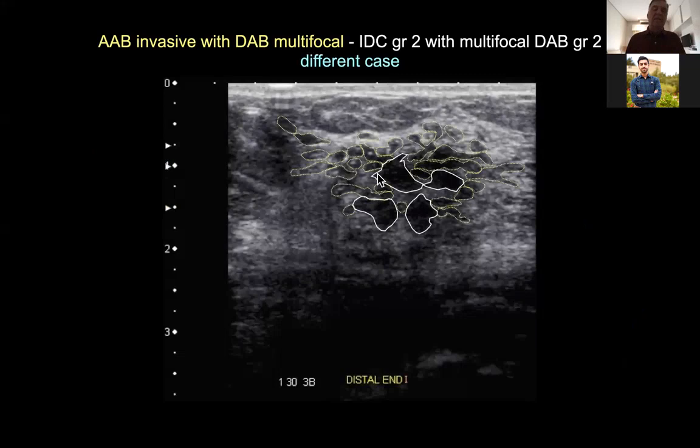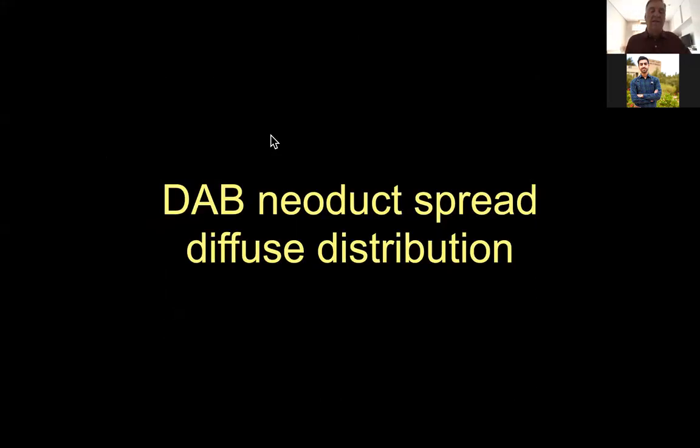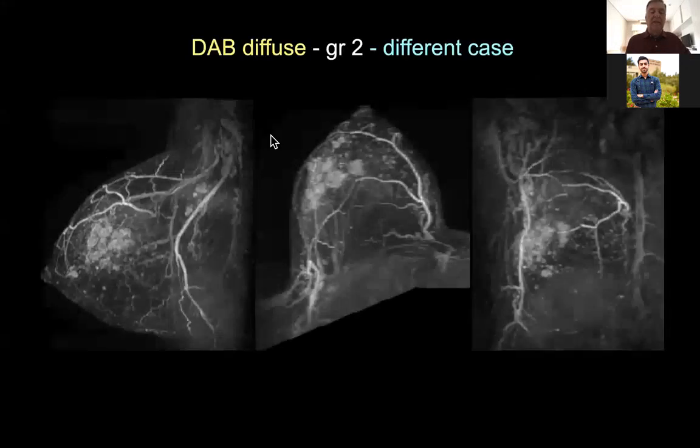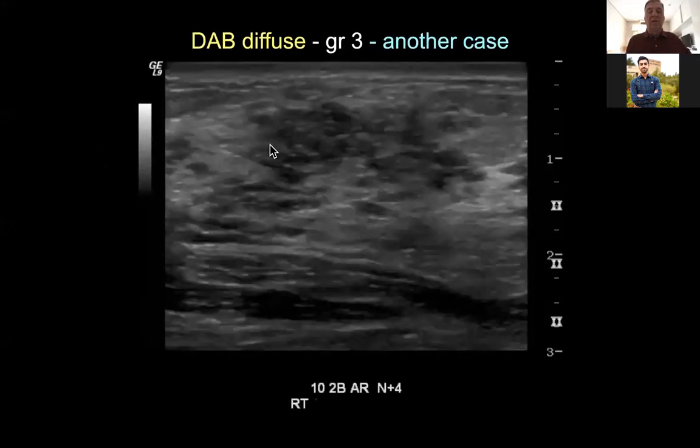So here we can see that we've got some ducts that are enlarged without calcifications, some enlarged with calcifications, and some irregular masses that probably represent invasive components here. So in this particular case, we're going to have a huge difference between the size and extent of disease. This is an MR of diffuse ductal adenocarcinoma of the breast.